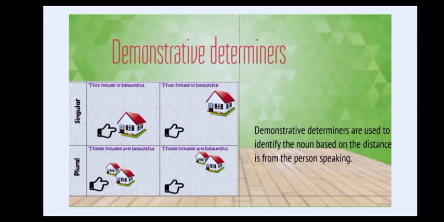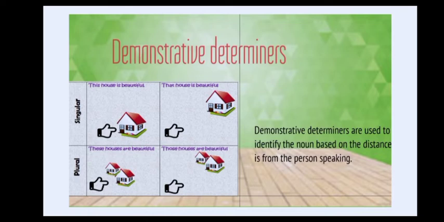Now, as I have told you, it is the form where you point out something or someone. When you are pointing out towards an object, that means definitely that object is not present with you, but it is there at some distance. Suppose I am talking about these houses, or that house is beautiful.